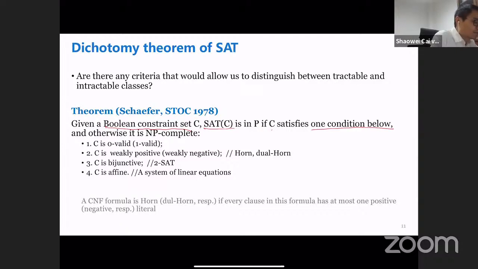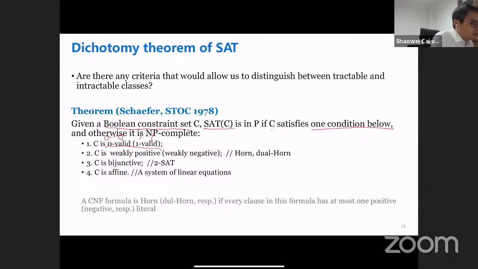And here we list the four conditions. One, C is 0-valid or 1-valid. This says that we can assign every variable to 0, and then this is a solution to the formula. And 1-valid means that we assign each variable to true, and it's a solution to the formula.